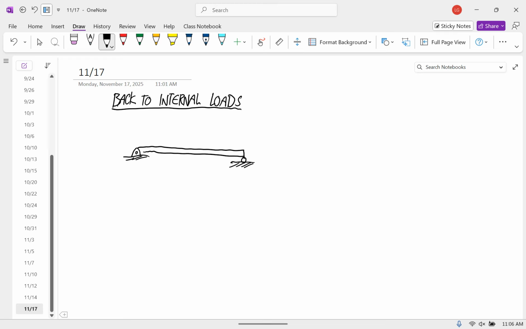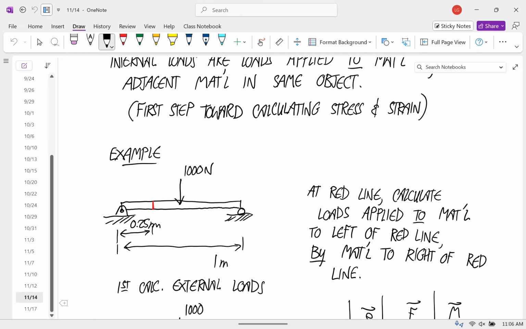We were ignoring the weight, and there was a 1,000 Newton force here. The whole thing, I think, was 1 meter long.